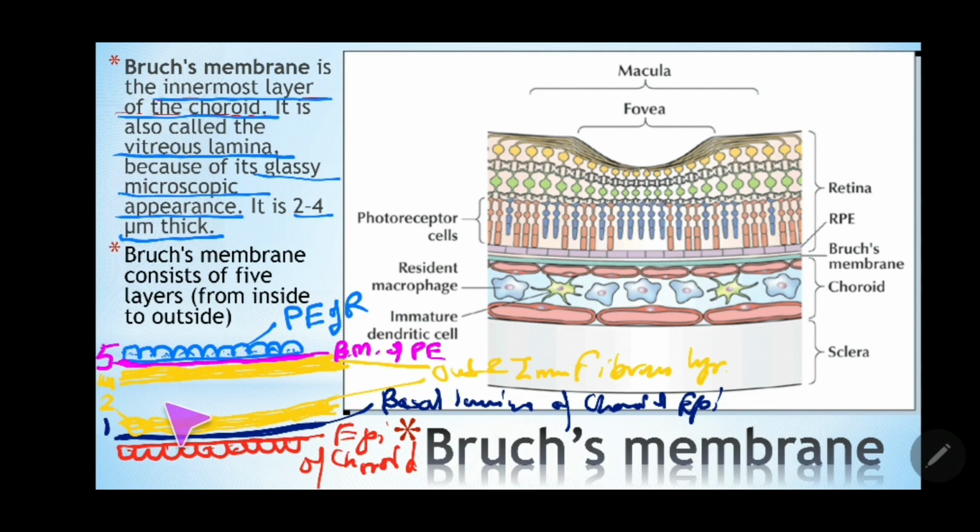Now the middle layer is made up of elastic fibers. This is the third layer. Got it now? This is very important. Bruch's membrane is made up of 5 layers.